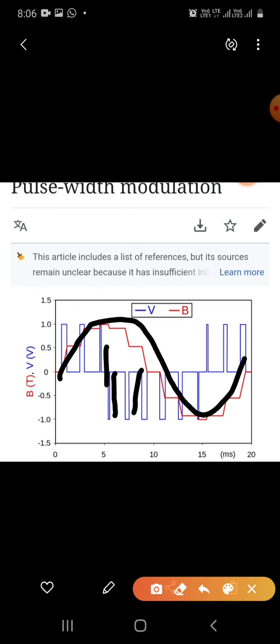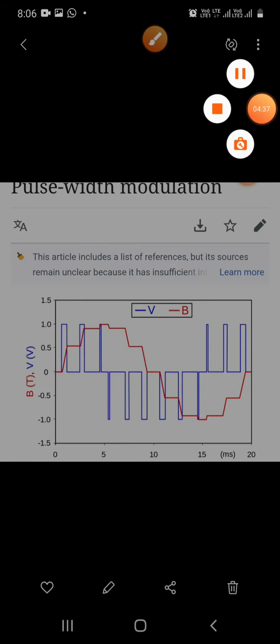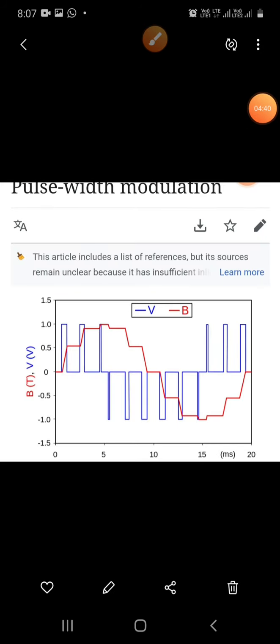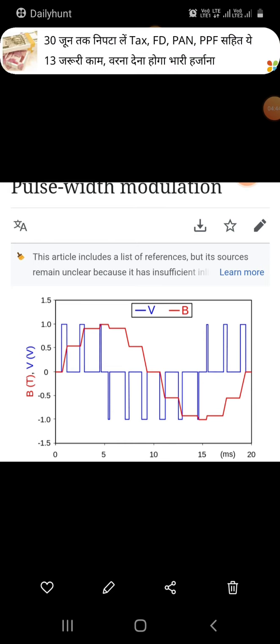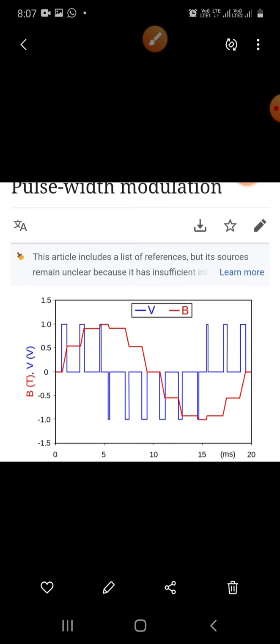Here the rectangular voltage pulses result in a more and more smooth current waveform, a sine waveform, as the switching frequency increases.